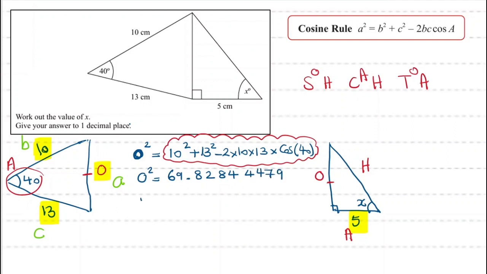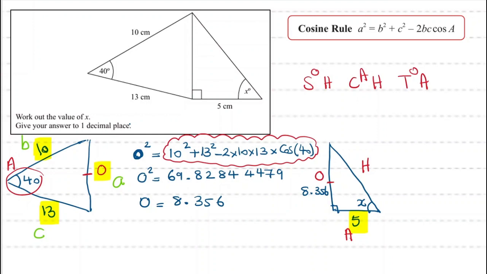We then take square root of both sides and we get O equals 8.356. So that means that the length of the opposite side to angle x is 8.356.